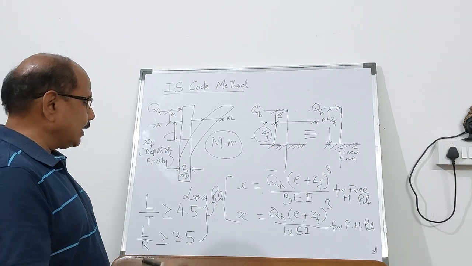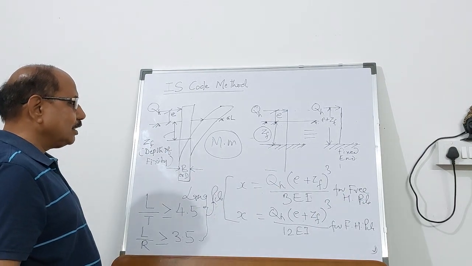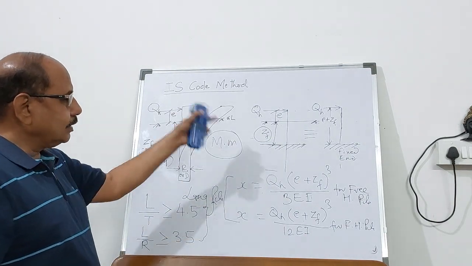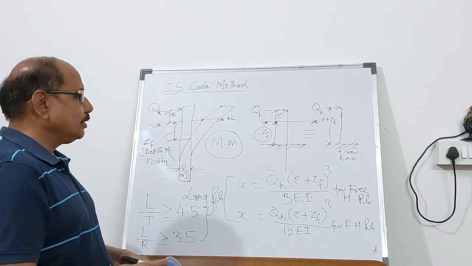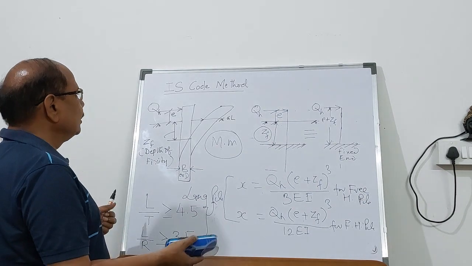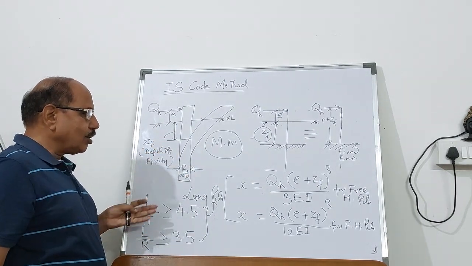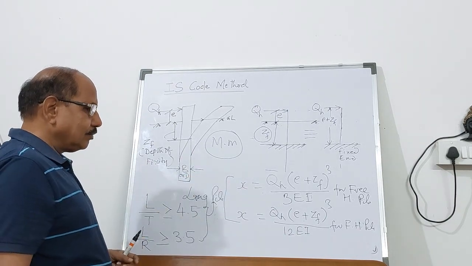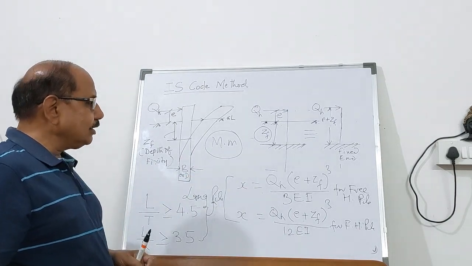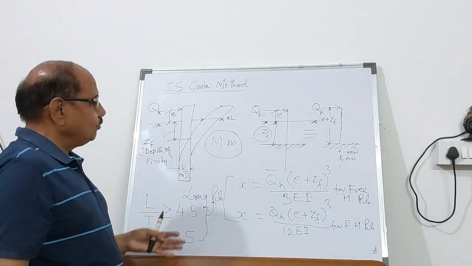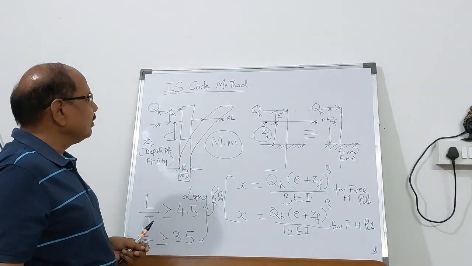So there are two criteria: one based on moment, and another the depth of fixity method. This is how you can calculate the deflection for a long pile. You can calculate the moment, etc., and then the solution can be arrived at.